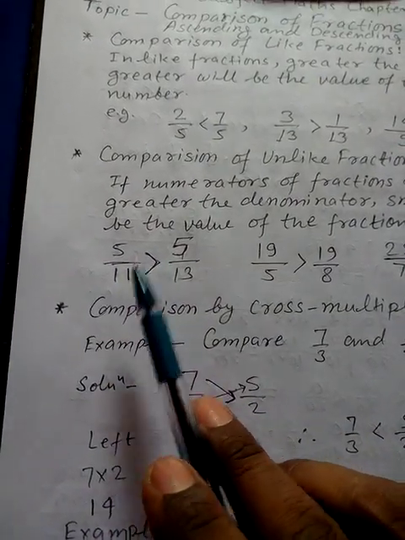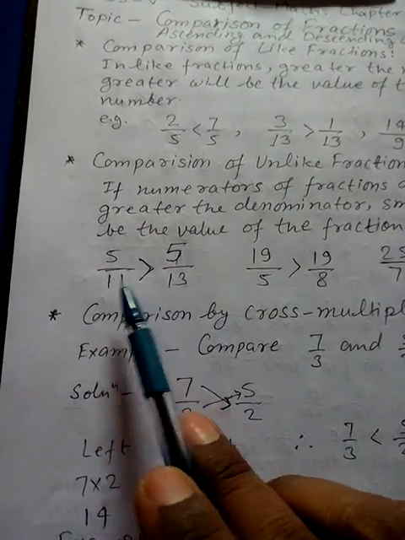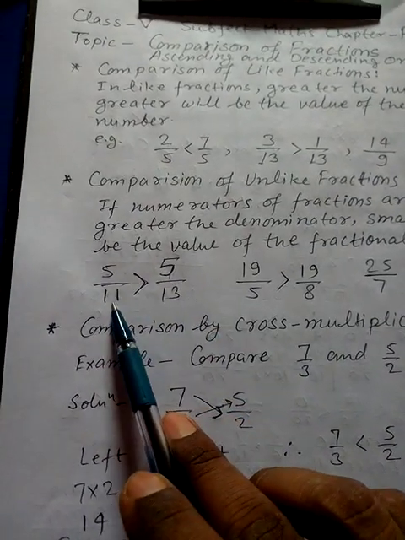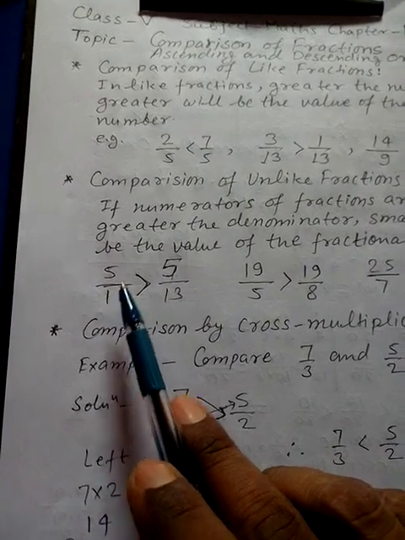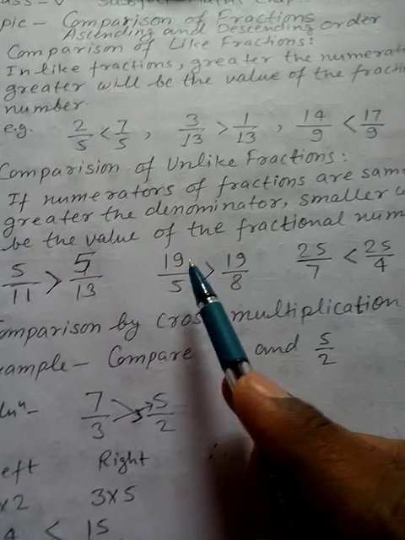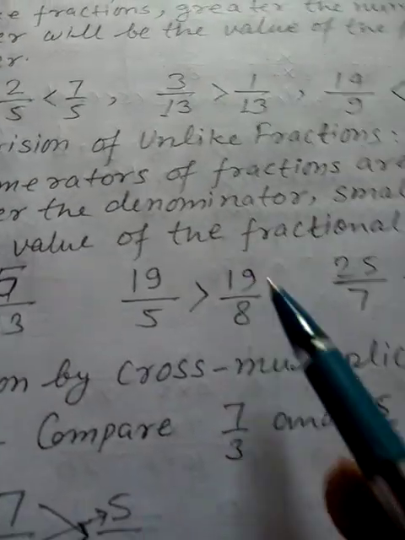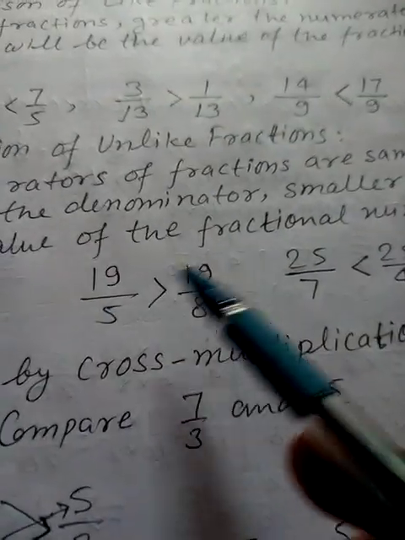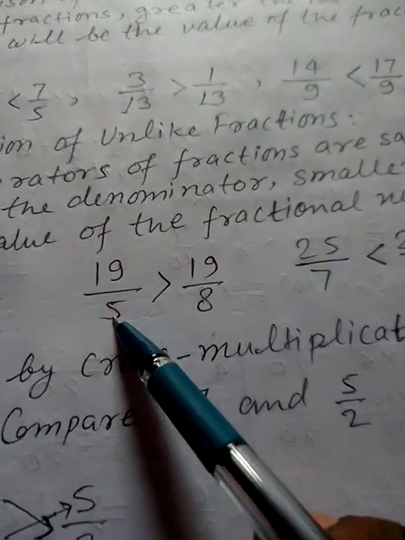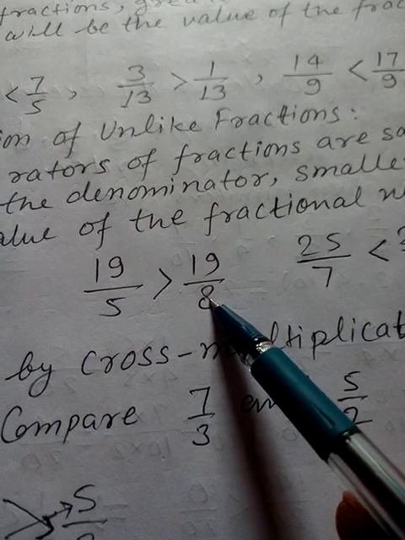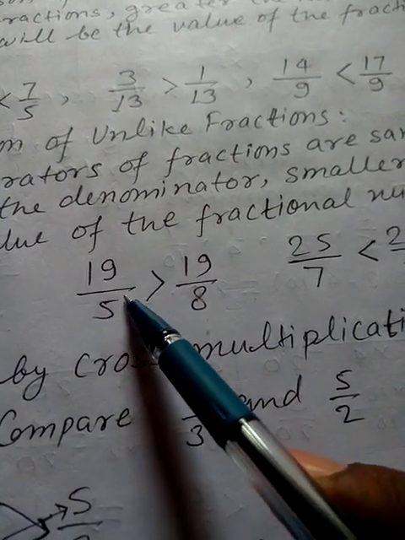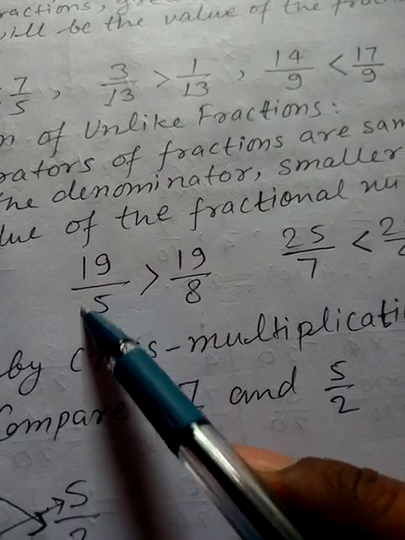It means if numerators are same, you just check the denominators, and if the denominator is smaller, then the number is greater. Here you can see 19 by 5 and 19 by 8. In these two numbers, the numerators are 19, and here the denominator is 5, here the denominator is 8. It means this number is greater because this denominator is smaller.